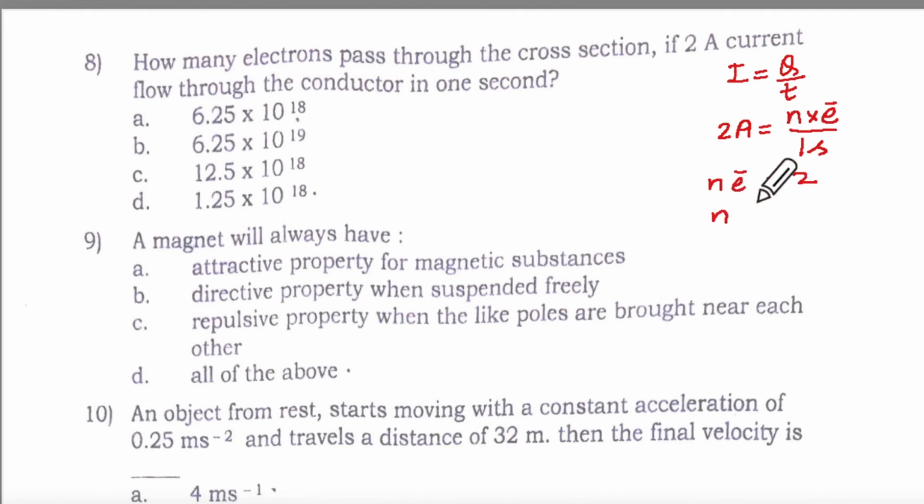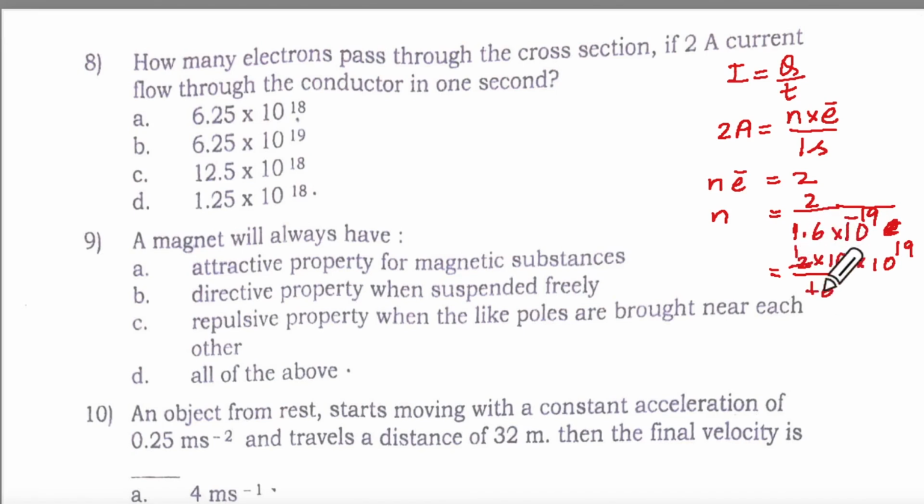So n is equal to 2 upon charge on 1 electron, which is 1.6 into 10 to the power minus 19. You have to know this number by heart, okay? You remember this? Don't write the unit.